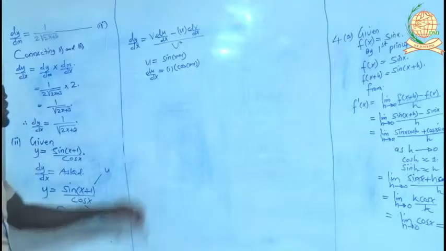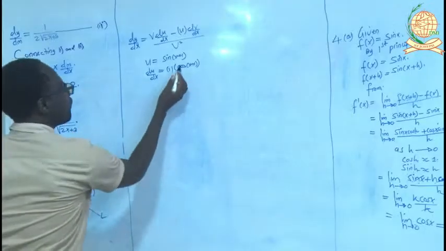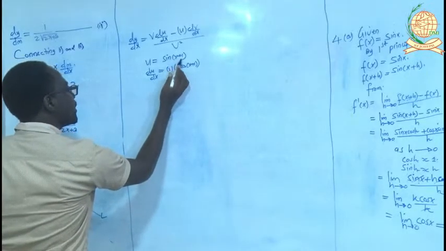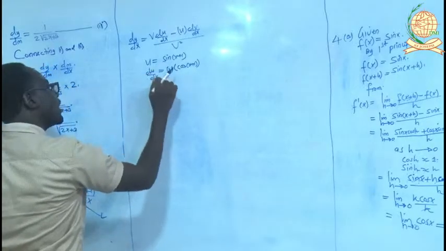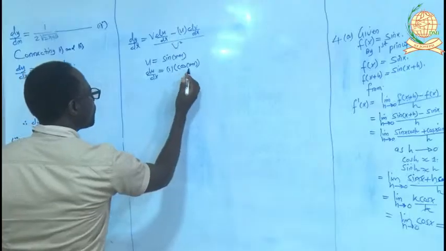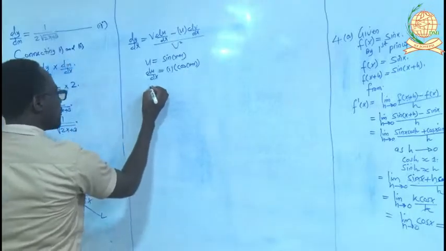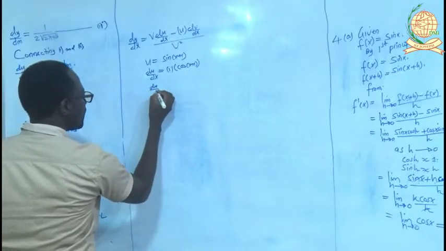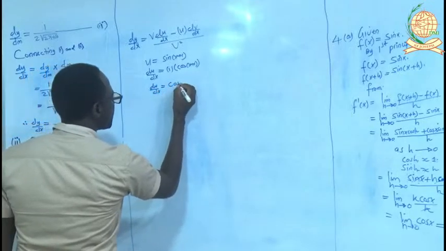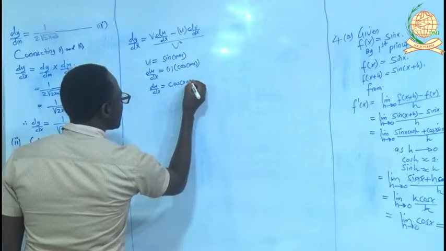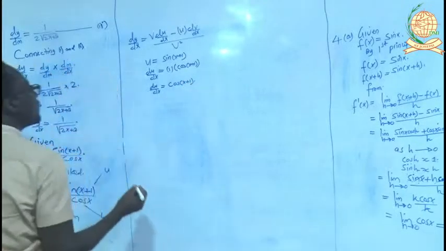Yeah, to differentiate sine of x plus 1, first differentiate the function x plus 1, you will get 1. Then times by the derivative of sine is cos. So it is cos of x plus 1. So du over dx, this one is equal to cos of x plus 1.